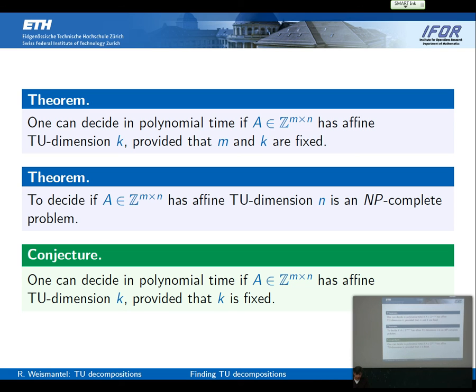You can save on the constants. It is easily seen, for instance, that you can go down from n to n divided by 2, because you can take the matching problem and extract a bipartite graph. There you have the TU A tilde matrix sitting, and then you only need integrality on the remaining edges. This way you get down to n divided by 2, if n is the number of integrality variables, but you can only save in terms of a constant. You cannot go down to something like square root of n.